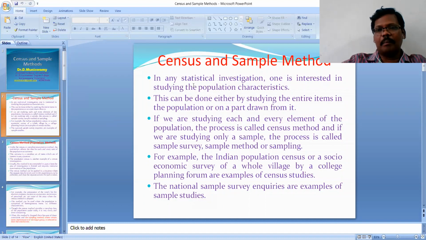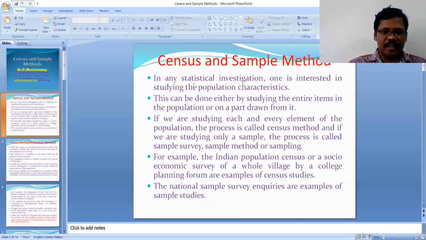In any statistical investigation, one is interested in studying the population characteristics: what the population is, what its features are, and how it is.